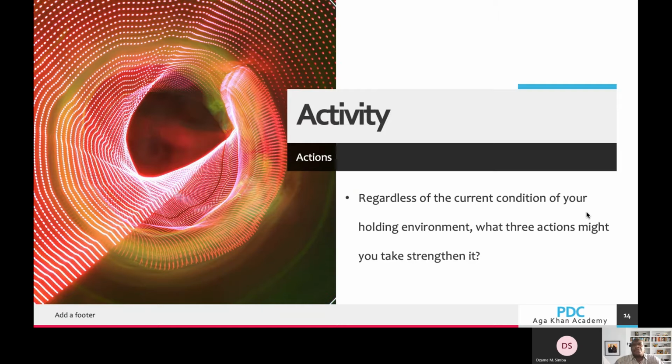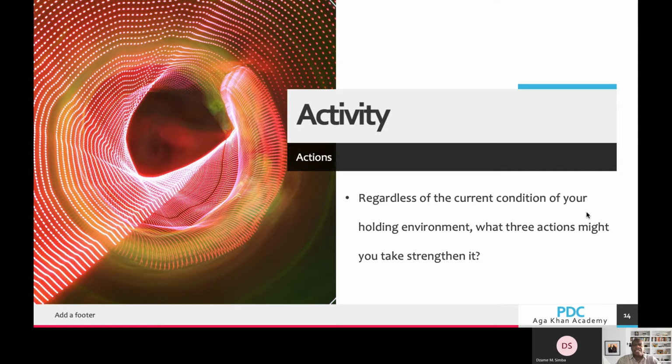So regardless of the current situation of your holding environment, and having listened to that analogy that there will be heat, and for food to happen, this has to happen. And he also gave an analogy of the mother taking care of the child when the child is taking risks. What 3 actions might you suggest for us to improve the holding environment where our teachers are trying the adaptive work, but they are feeling safe because of the holding environment?